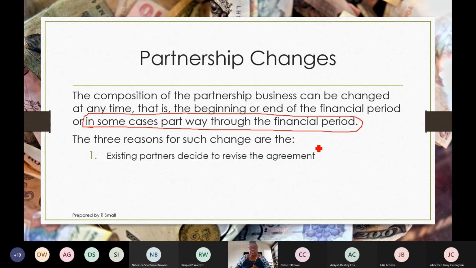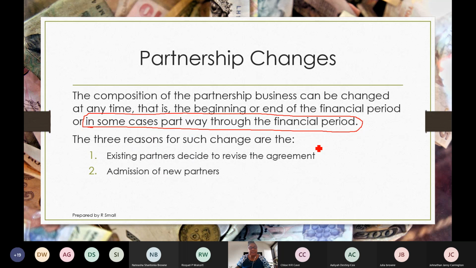And if they make changes to the agreement, then the income statement must reflect the changes that were made to the agreement. So that is one reason. The second reason is if they admit a new partner. So they decide they're going to admit Abiyomi.